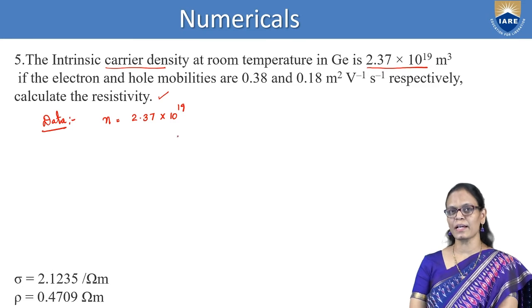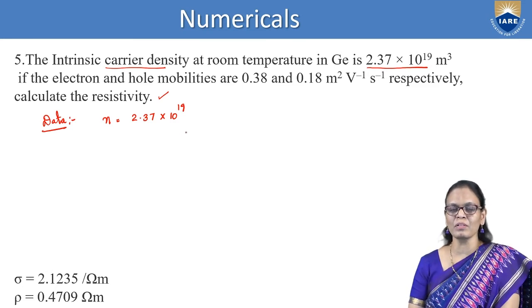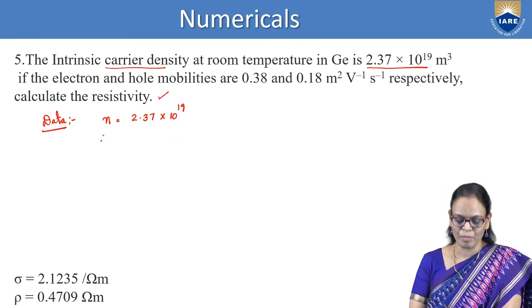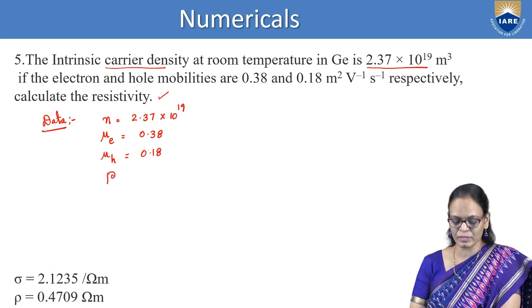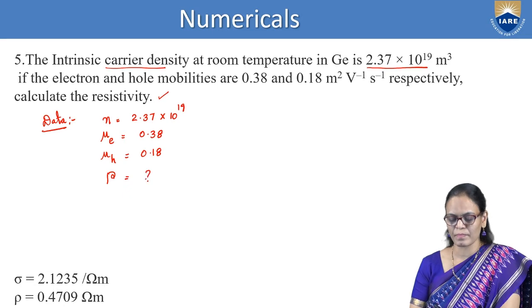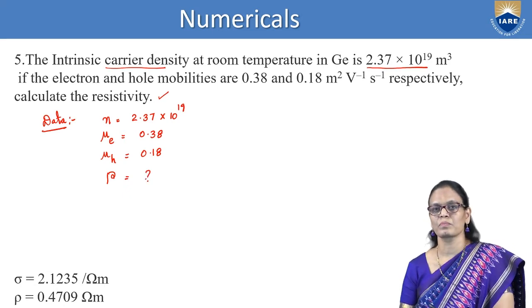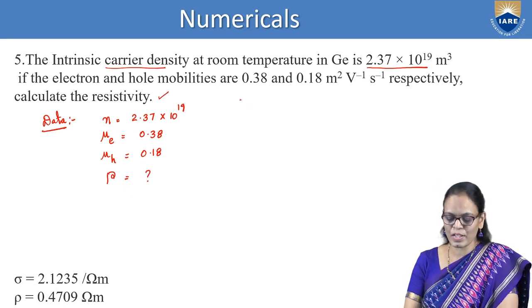Then the mobilities are given. Mobility of electron and hole. Mobility of electron is 0.38. Then mobility of hole is 0.18. We have to calculate the resistivity, rho. So what is the formula?